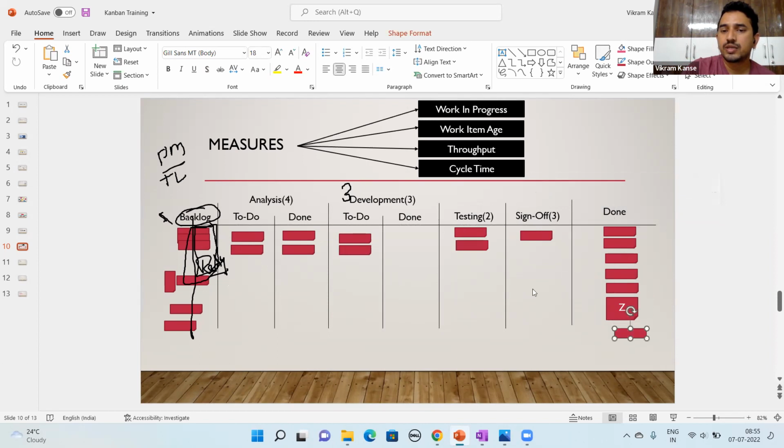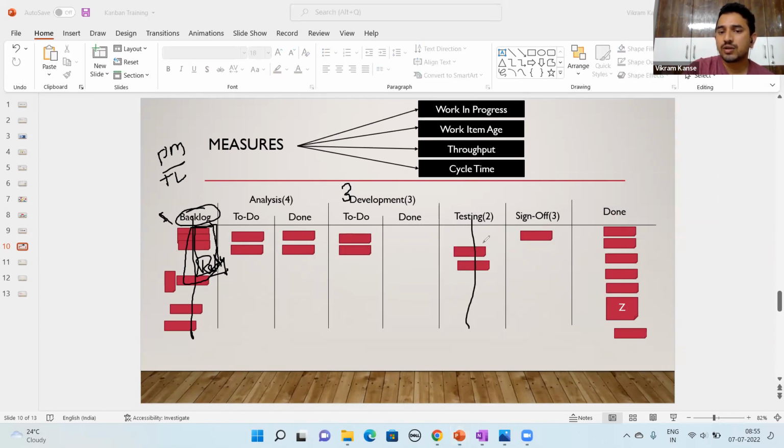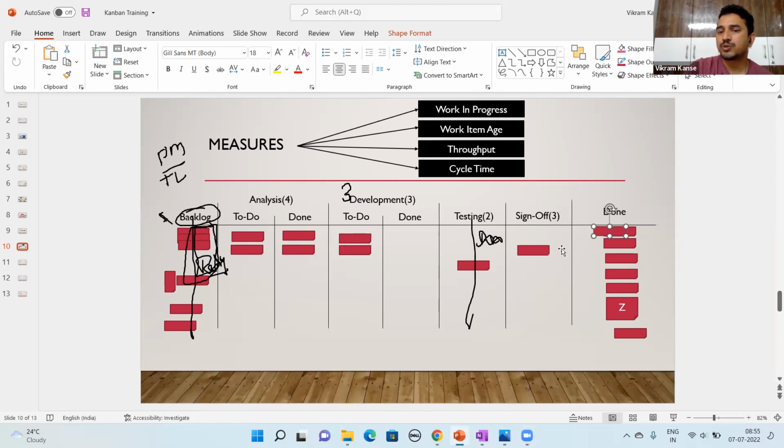Sign off is moving here, and then sign off can pull the work. Sign off can also tell the testing people, I don't know when your story is done, so I want a done here. Whenever you are moving to done, your card is moving here, and we can pull it here. I don't need a done in sign off because they can push it to done.